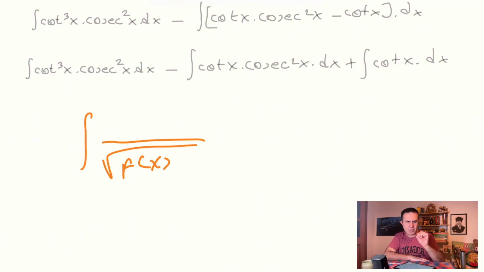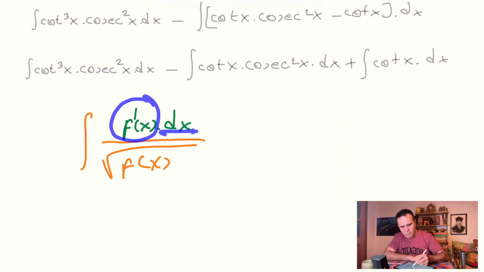What is important is that if this function has a derivative multiplied by dx, we always use the substitution method. This is the important part.